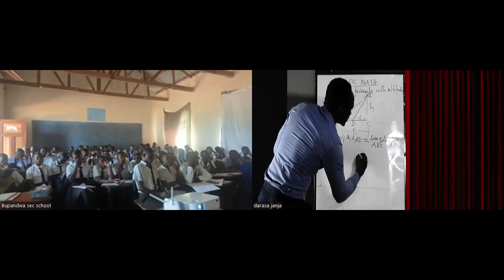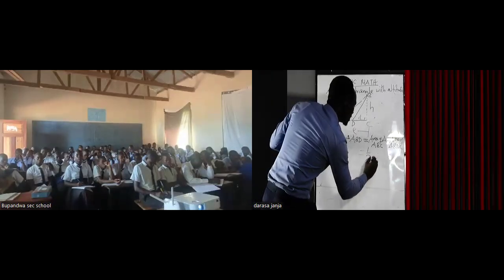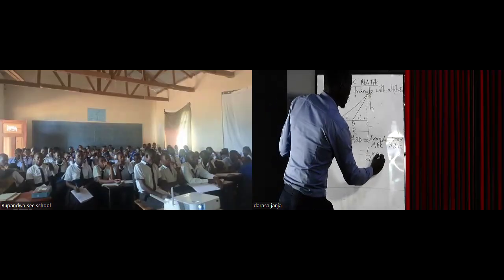Okay, now let's find it. As I've told you, the normal formula for finding the area of a triangle is half times base times height. So the base of this triangle ABC is here, E, times H. Subtract the area of the small triangle.